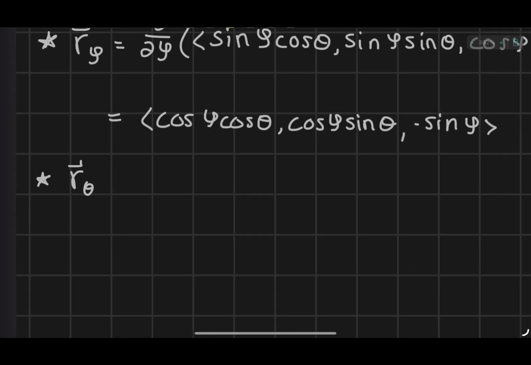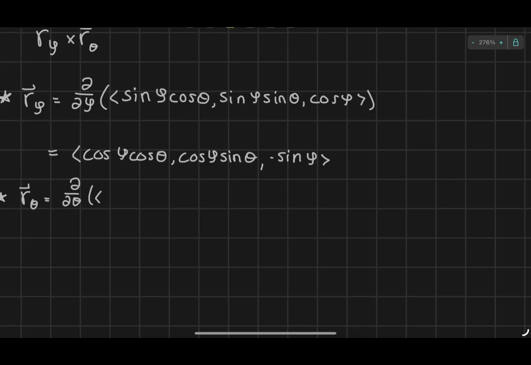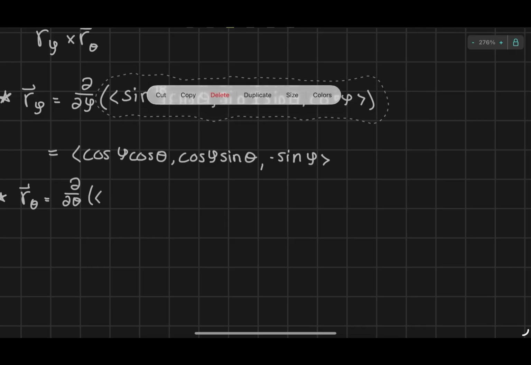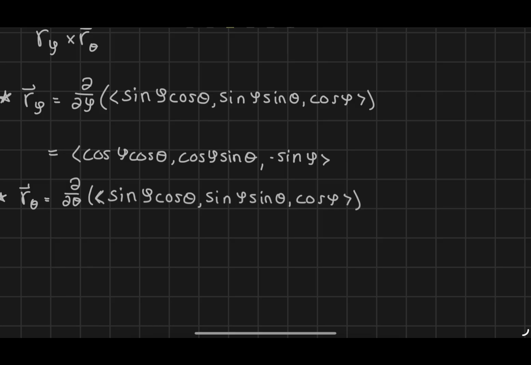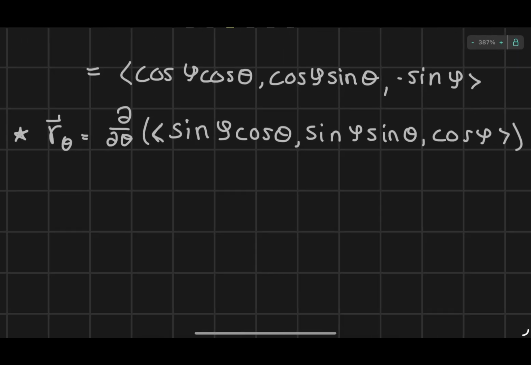Now our r sub theta is going to be the partial with respect to theta of our parameterized surface. I'm just going to go ahead and copy and paste this. The partial derivative of sine phi cosine theta with respect to theta is just going to be negative sine phi sine theta.